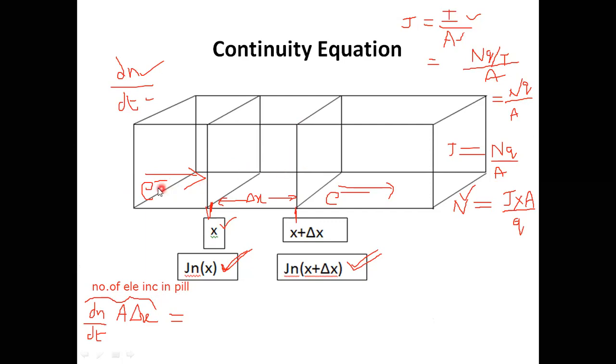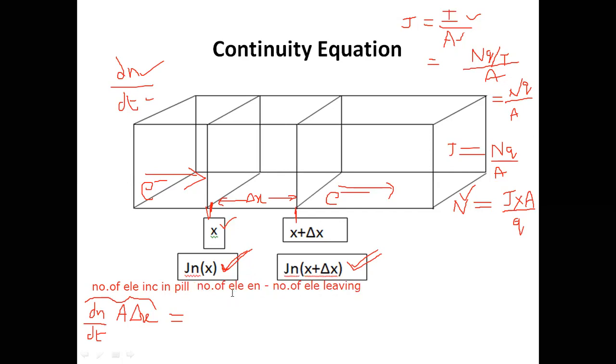So it is equal to the number of electrons entering the pillbox minus the number of electrons leaving the pillbox. So the number of electrons entering minus the number of electrons leaving, right?